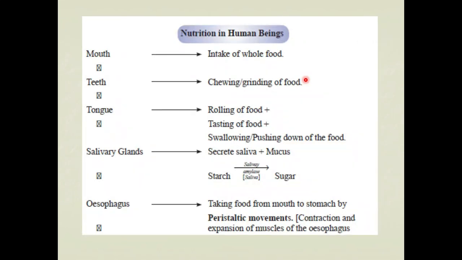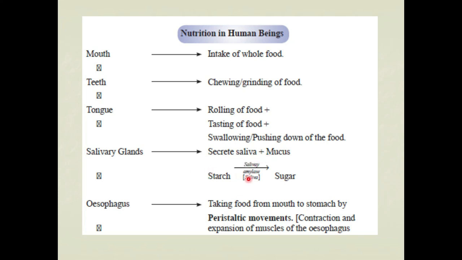So this is the simplest form of flowchart of what we have seen today. You can see the intake of whole food takes place through the mouth, and chewing and grinding takes place in the teeth. The tongue helps in rolling and tasting of food, swallowing and pushing the food down to the stomach. Before it goes to the stomach, the salivary glands secrete saliva and mucus.